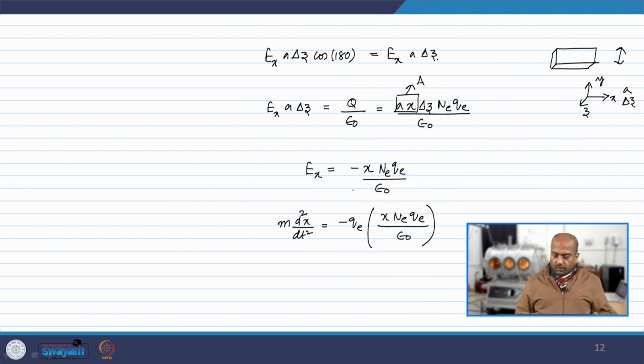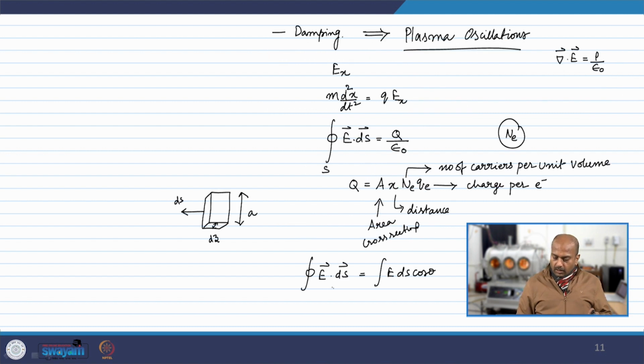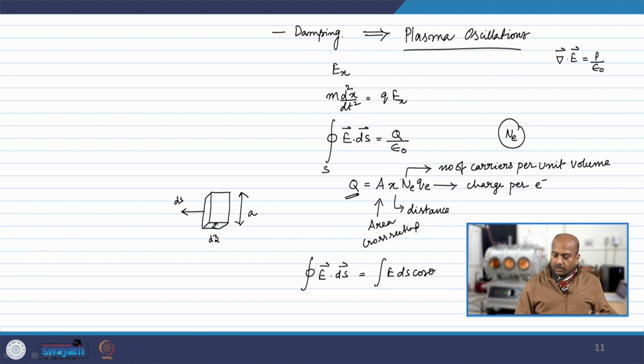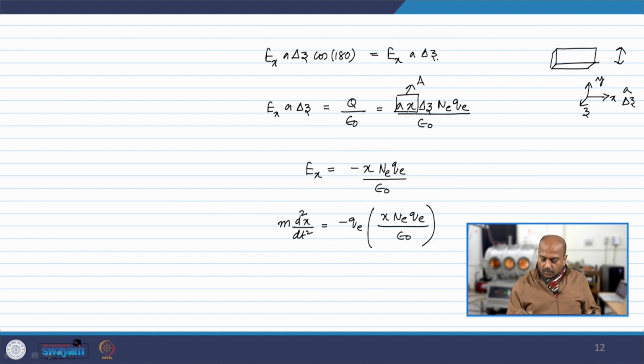That is what I have used here. The total charge is area times x times Ne Qe. Since I have used x here, the area is now small a times delta z.